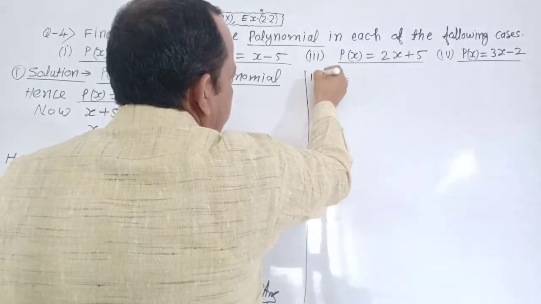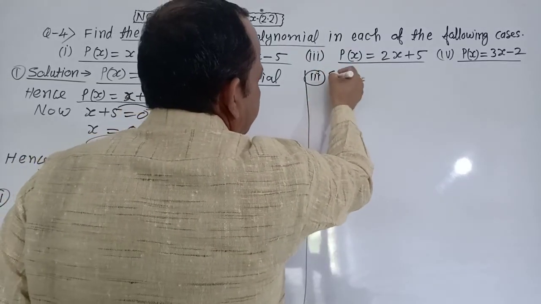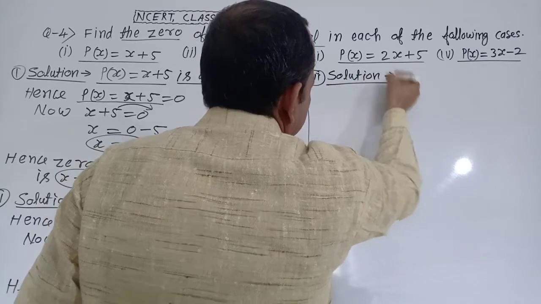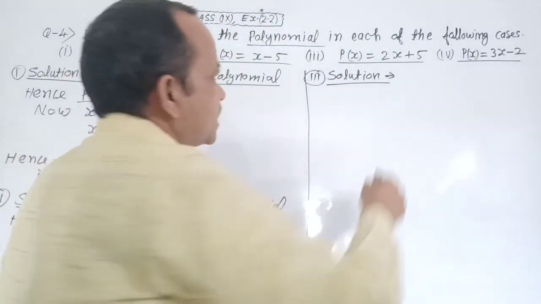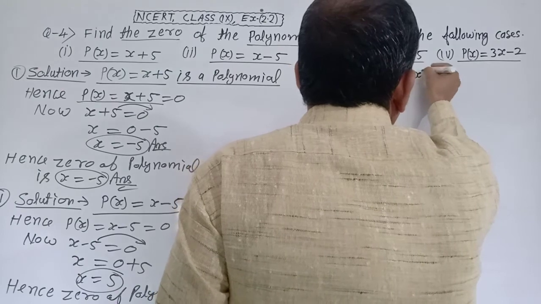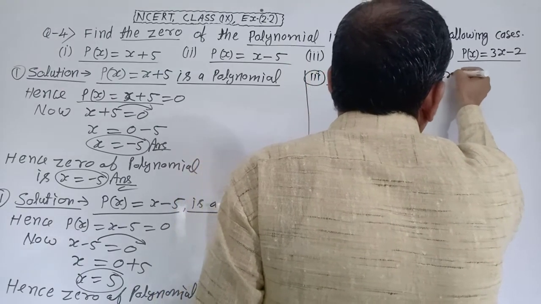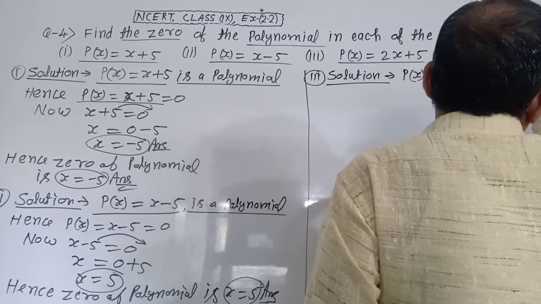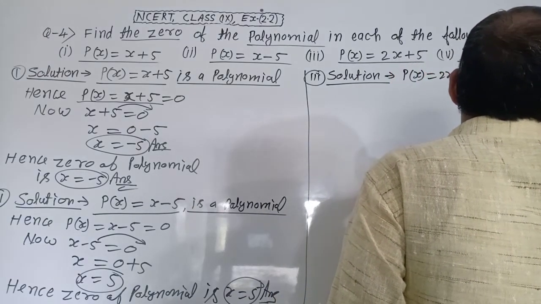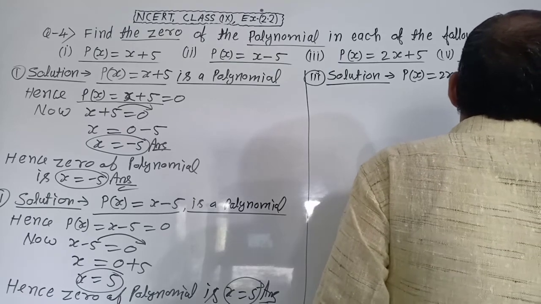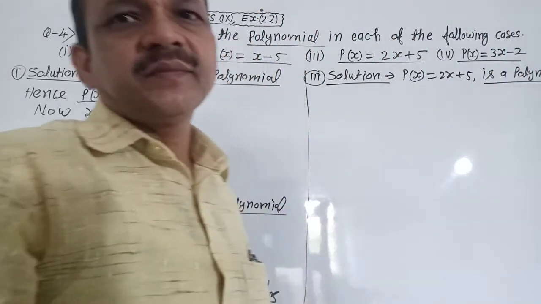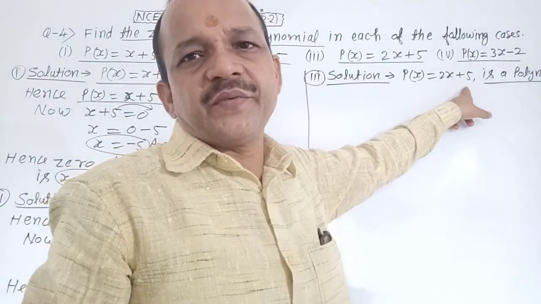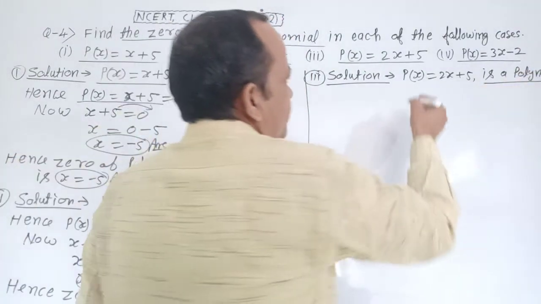Third solution. p(x) equal to 2x plus 5 is a polynomial.